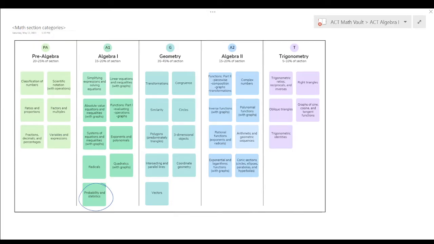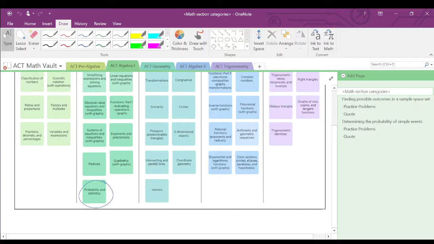Probability seems to be that smaller subject within our whole curriculum that sometimes gets pushed to the side, or is like a mini lesson sometimes. So it is necessary for this test prep to make sure that you do practice it, although sometimes it can get overshadowed.